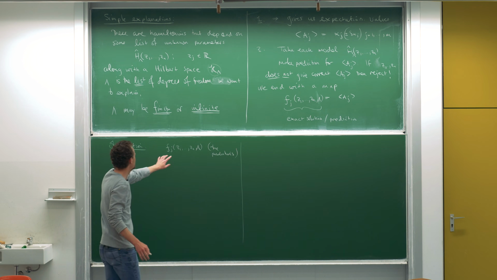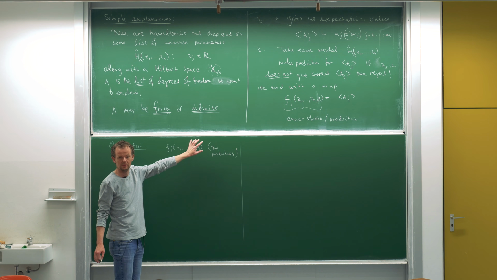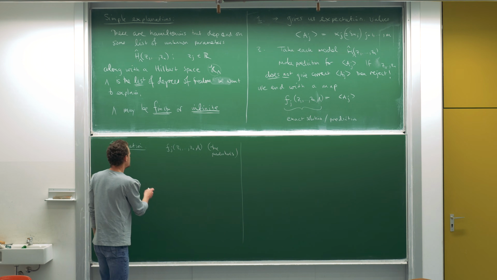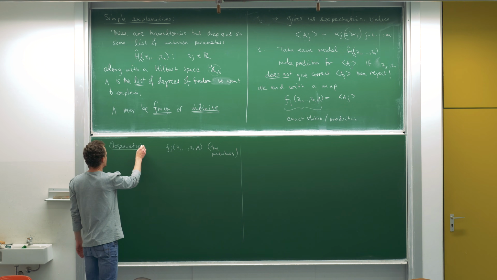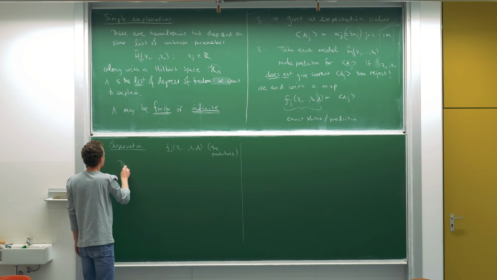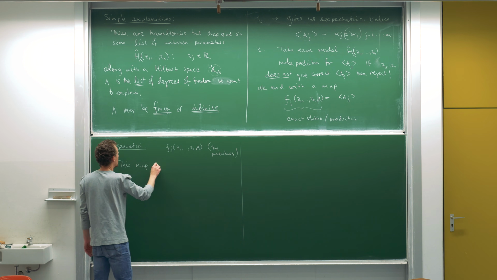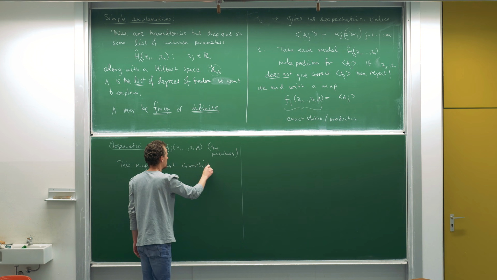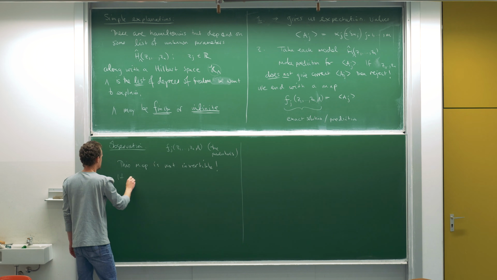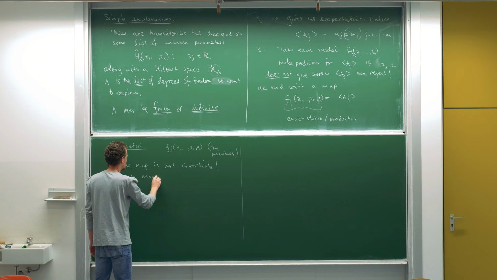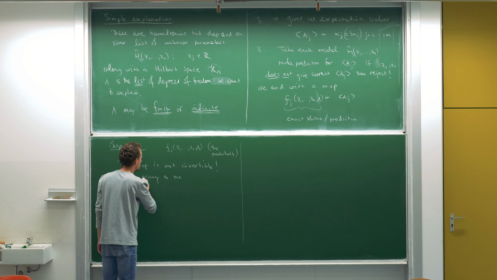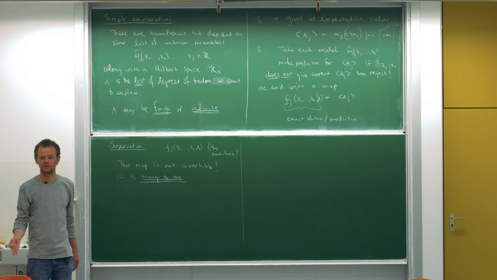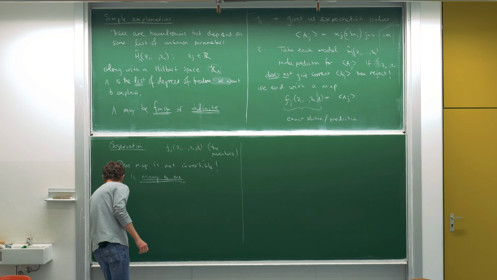I mean, even coming up with this list is usually hard, but we've assumed that it's trivial for the purposes of this discussion. So here's an observation. This map is not invertible. It's many to one. There are multiple explanations for the same data.